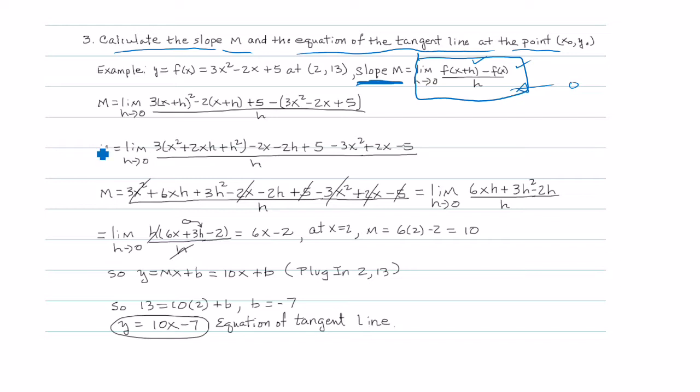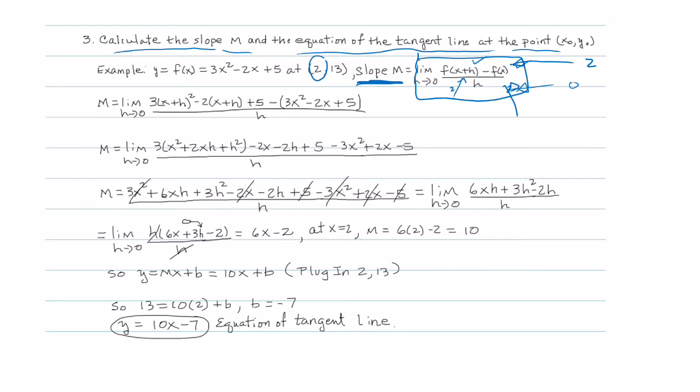So in this particular case, I suggest calculating f of x plus h minus f of x divided by h, and then it works for any x. I could do it for just 2 and just put 2 in here, and that would get it only at the point 2 and 13.